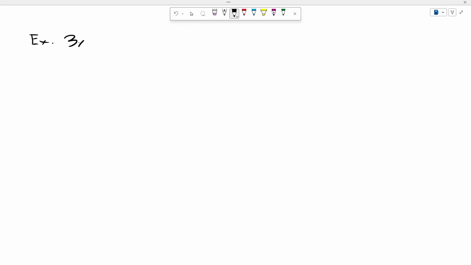I have 3x squared minus 12x plus 6 equal to 0. Now for this one, I switched it up a bit. So we no longer have just 1 as our leading coefficient. We have 3 now.